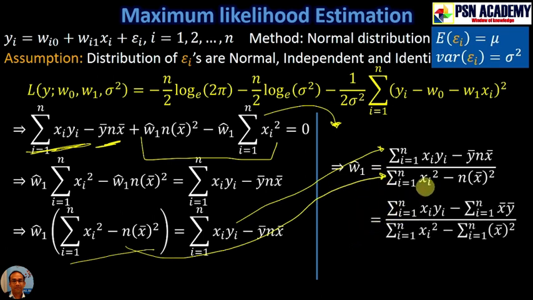And we go like this, that if you go for summation of xi yi, and here you go for n x bar y bar, that means n times you are having this x bar and y bar. That means if you add x bar and y bar n times, then you will get the same result. So in place of n times x bar y bar, we are writing summation of x bar y bar.